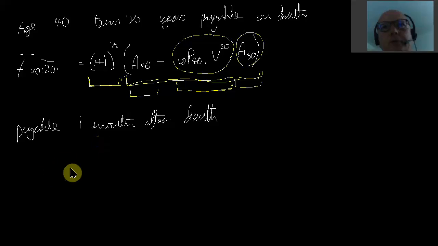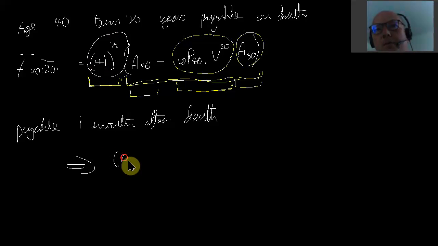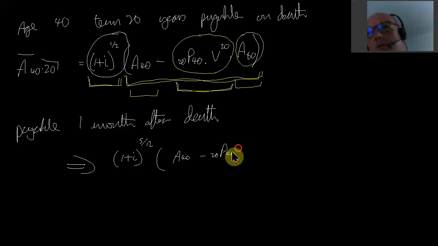So in that case, instead of having this, which brings the benefit forward by 6 months, we only bring it forward by 5 months. So it's 1 plus i to the 5 over 12 times A40 minus 20p40 v to the 20 A60. So that's how you can adjust the timing of the benefit.